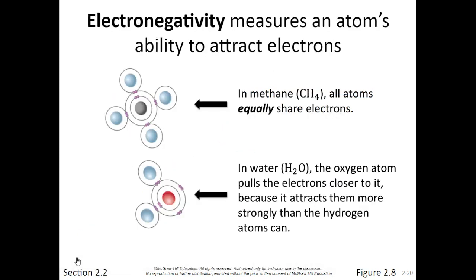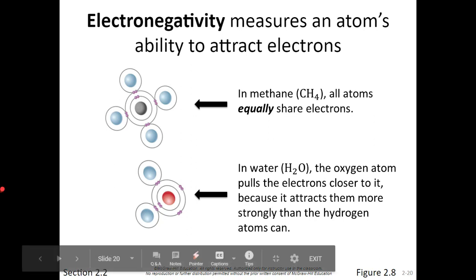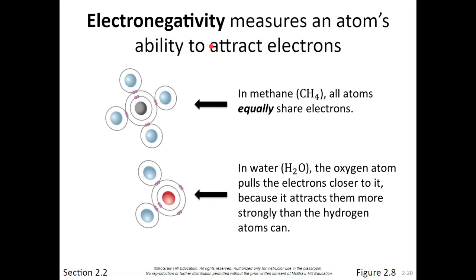Now, why does this bonding take place? There is a property of all atoms, the ability to attract electrons, that is known as electronegativity. When we talk about the periodic table, we can always talk about how electronegativity changes.